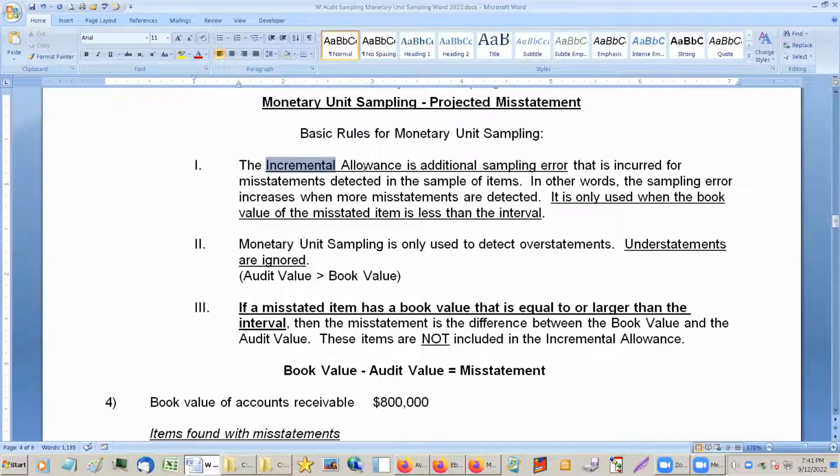Okay, incremental allowance for additional sampling error. This is when, in your interval, there could be more things that are wrong. So in the interval itself, there could be more things that are wrong.